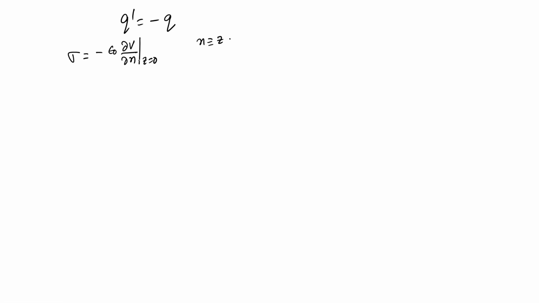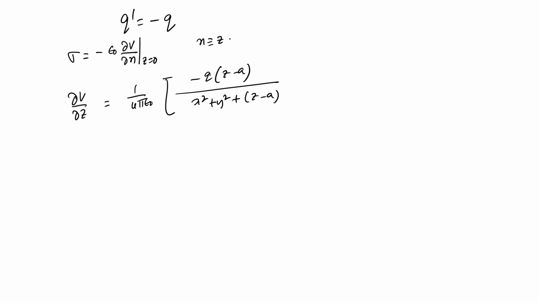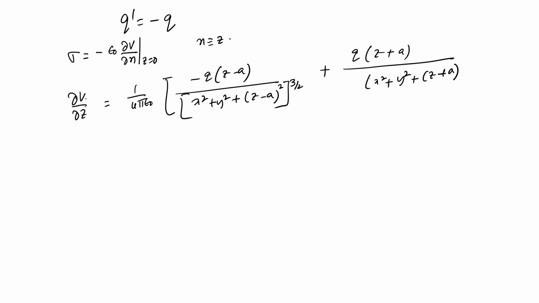So, we change n to z, and if you do del V del z, you get 1 over 4 pi epsilon 0 times minus q into z minus a over x square plus y square plus z minus a whole square, whole to the power 3 by 2, plus q into z plus a over x square plus y square plus z plus a whole square, whole to the power 3 by 2.